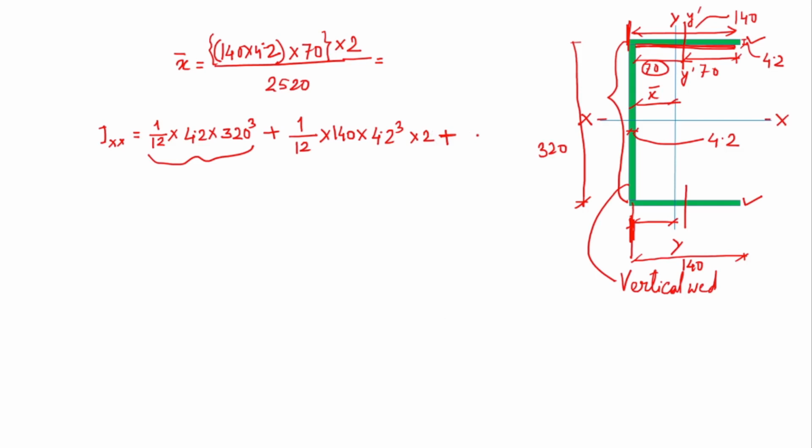if you see, for this vertical part its own x-axis and the overall x-axis of the weld is same. Okay, so no need to modify the value of this one.